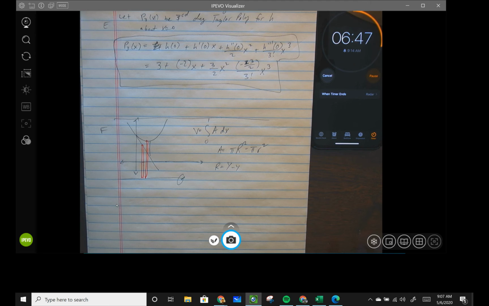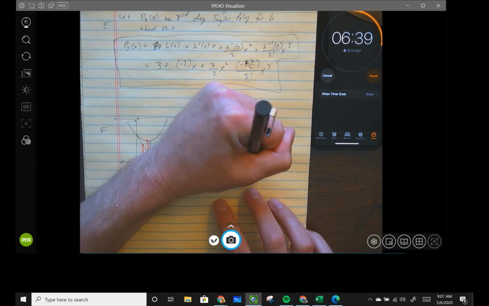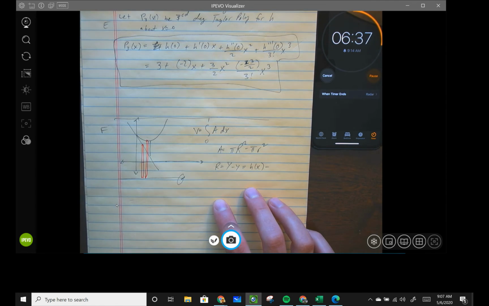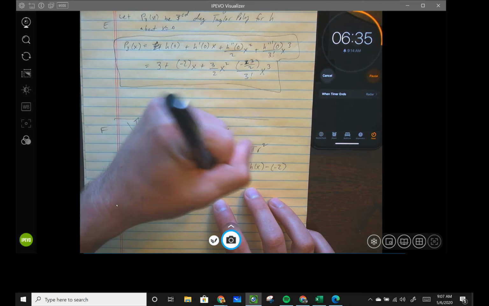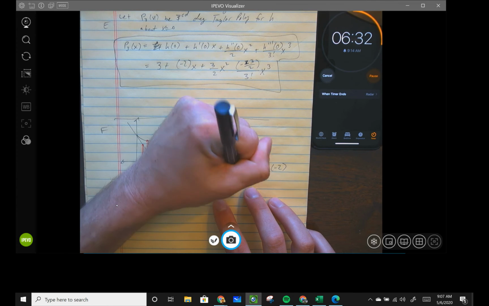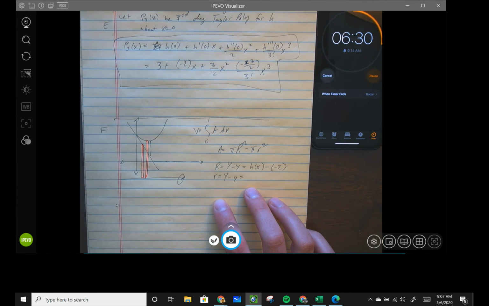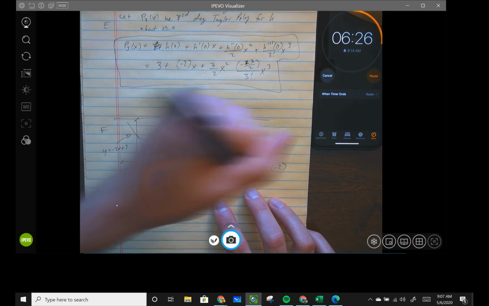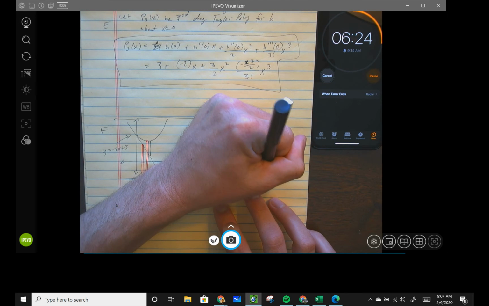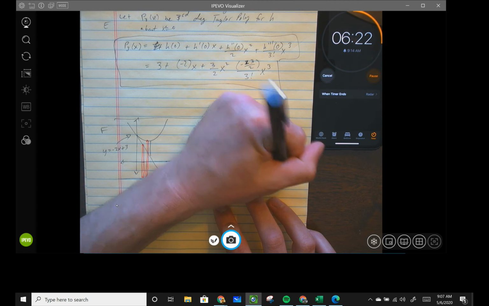I don't think they're giving me enough information on h, so I'm just going to have to write it with h in there. So big Y is h, little y is negative 2, and little r is also a big Y minus little y, and that's the one that I found, which was y equals negative 2x plus 3, also minus a negative 2.